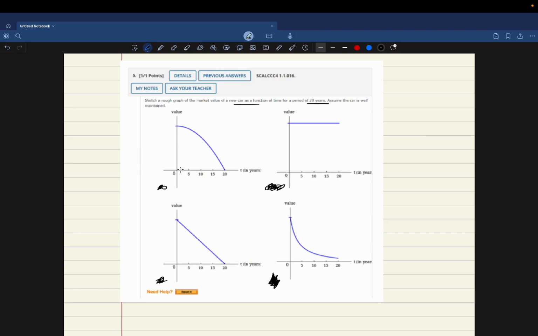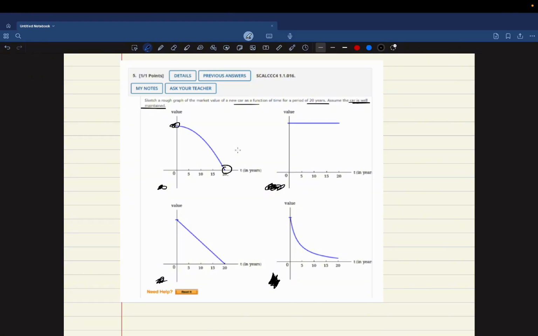Here you can see the value initially, at year 0, is here. And at the end the value is 0. So in the course of 20 years, the value is 0. If you look at the question, it is saying assume that the car is well maintained.